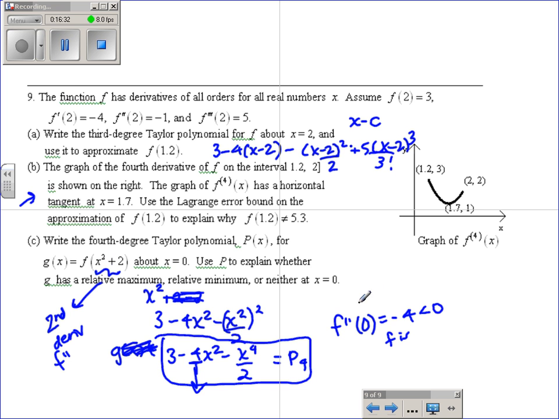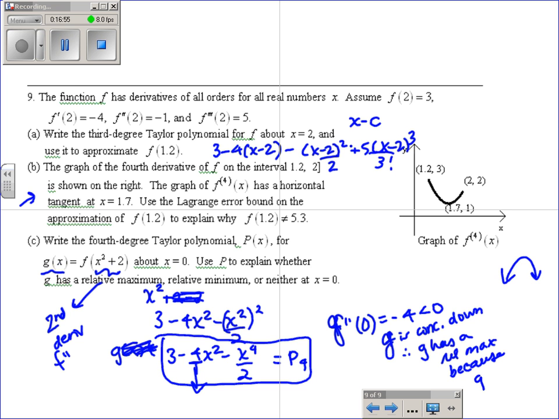Oh, I'm sorry, I'm doing it in g. G is concave down. And since g is the function we're talking about, g is concave down, therefore g has a relative max.